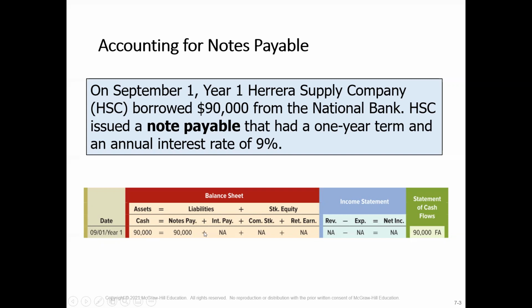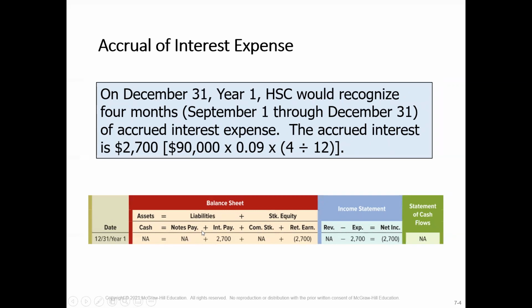So the next problem gives us just that. So December 31st, year 1, we have not paid anything, Herrera Supply Company. But as of 12/31, year 1, to get the financial statements up to date, we would have to do some recognizing of interest expense and the related obligation to pay that interest.